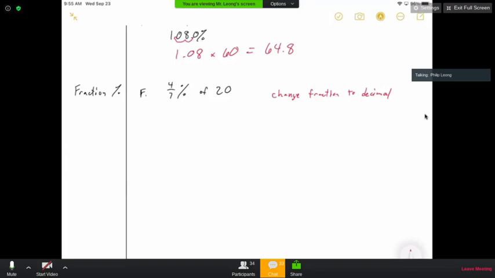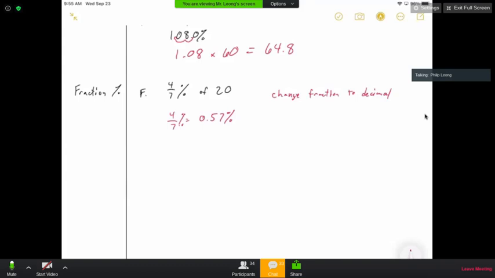So first thing I'm going to do is 4/7% is equal to 0.57%. Did you guys get that? 0.57? All I do is 4 divided by 7 in my calculator. If you don't believe me, do it yourself. 4 divided by 7.